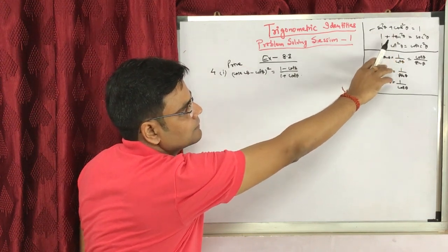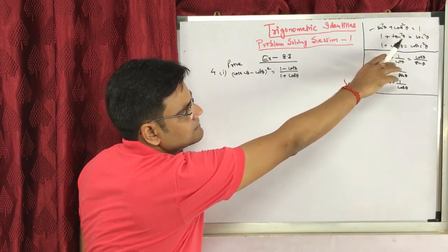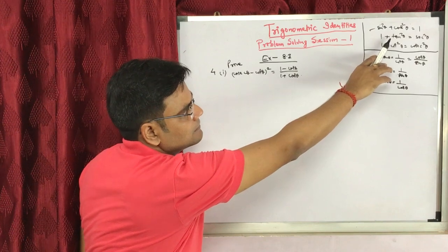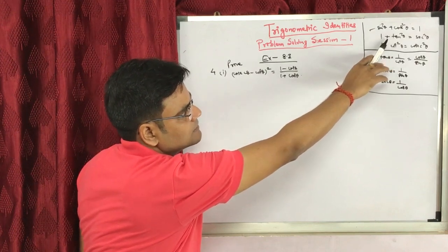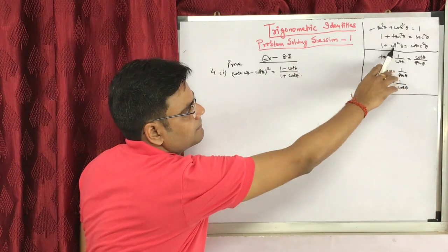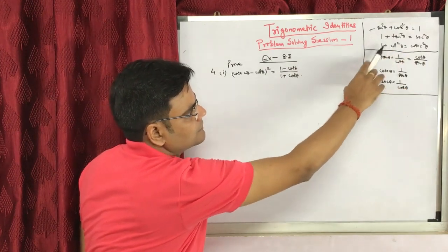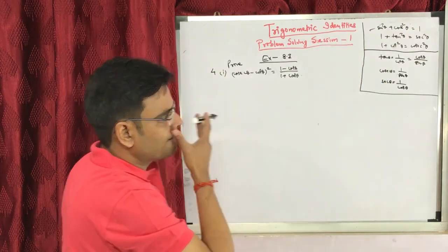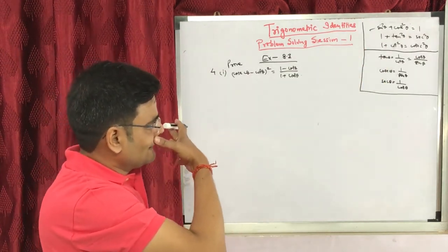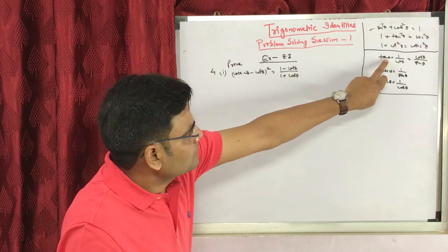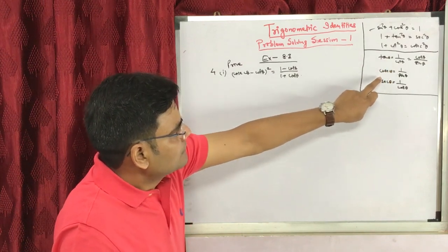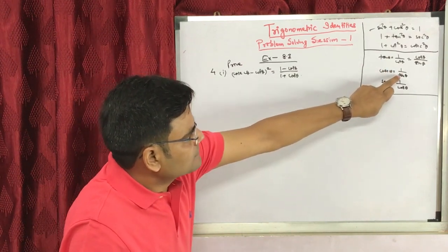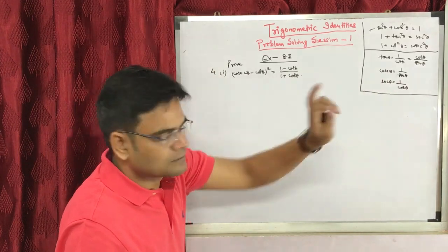Tan square is sec square minus 1 and sec square minus tan square is 1. Cosec square minus cot square is 1, and cosec square minus 1 is cot square. Apart from that, tan is reciprocal of cot, cosec is reciprocal of sine, sec is reciprocal of cos.